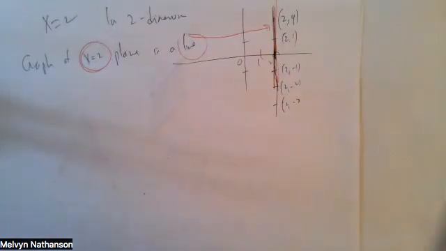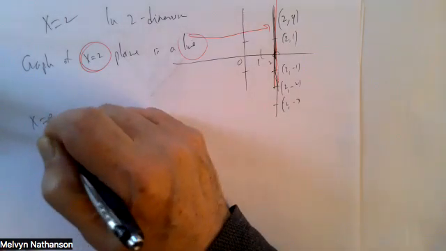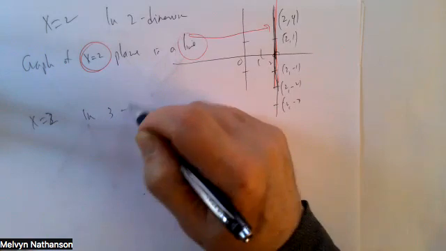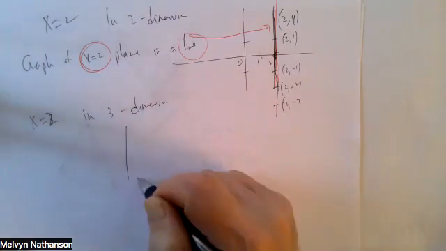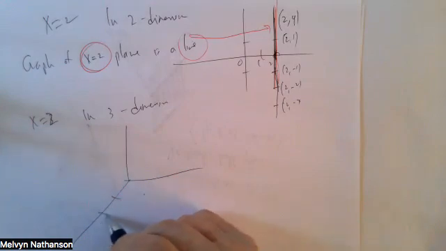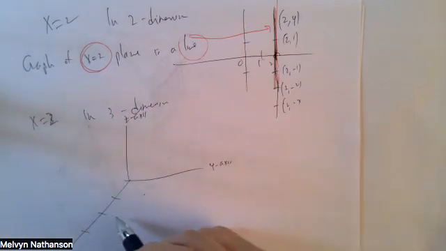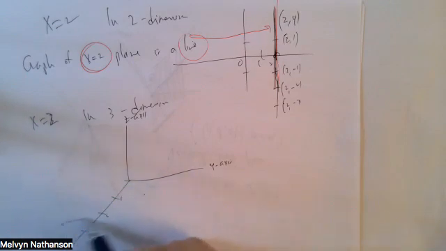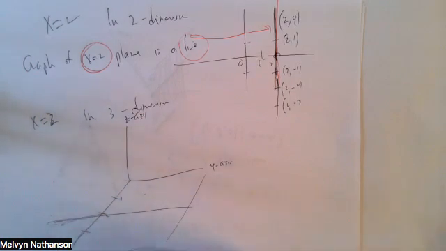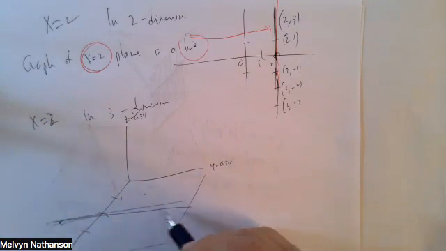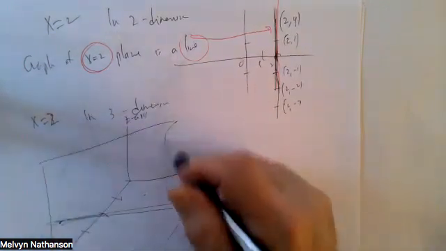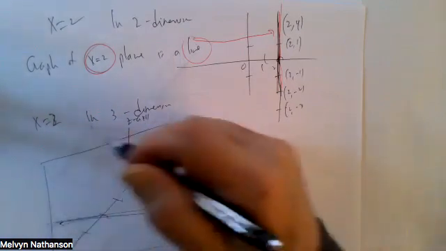Now, in 3 dimensions, it's different. What does x equals 2 look like in 3 dimensions? So in 3 dimensions, this is the x-axis, this is the y-axis, this is the z-axis. In the xy plane, in 3-space, it would just be this line, but z can be anything. So it's like a whole plane.